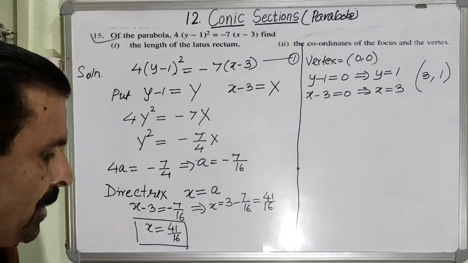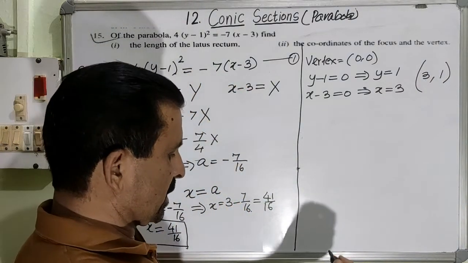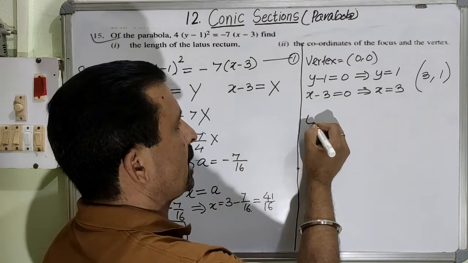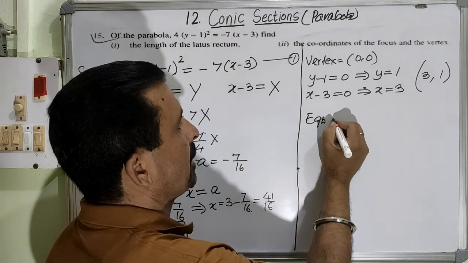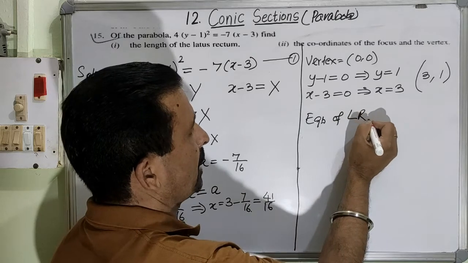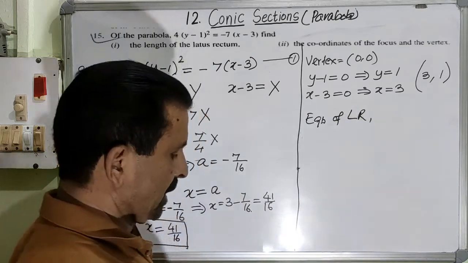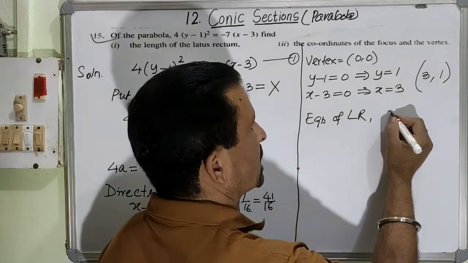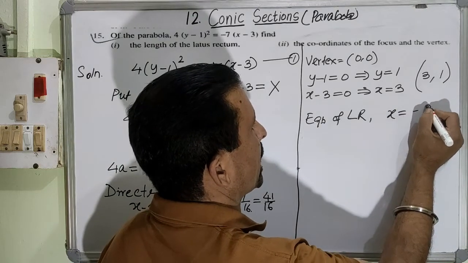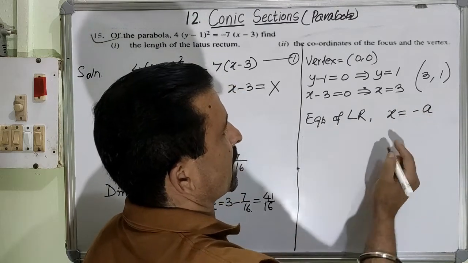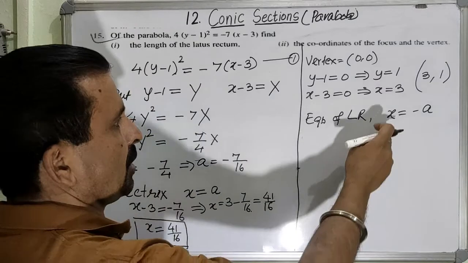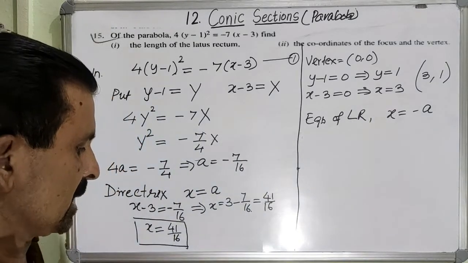Is it very clear? Now, let us calculate the equation of latus rectum. Equation of latus rectum used to be x is equal to minus a. This is the equation of latus rectum. Please remember this. Now we are going to calculate the equation of the latus rectum.